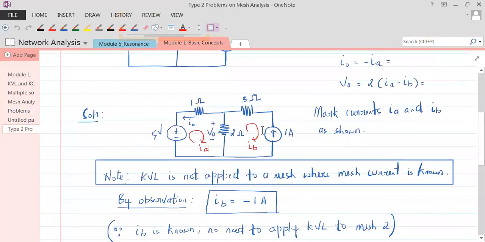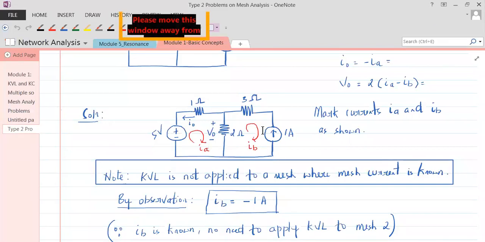Sir, I think it's advantage. Can you elaborate how it could be advantageous? Maybe because we can estimate one of the currents in the mesh.